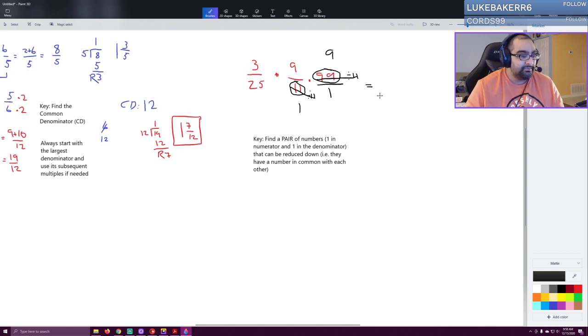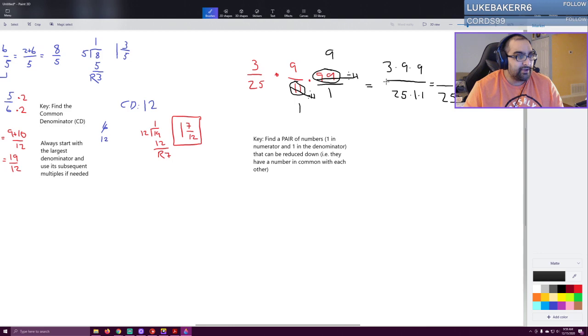We reduced it down just one time, and that happens. It just depends what numbers we're given. So here we're going to multiply straight across: 3 times 9 times 9. And on the bottom, we get 25 times 1 times 1. Now, effectively, the 1s don't do anything. They just pretty much keep it the same.